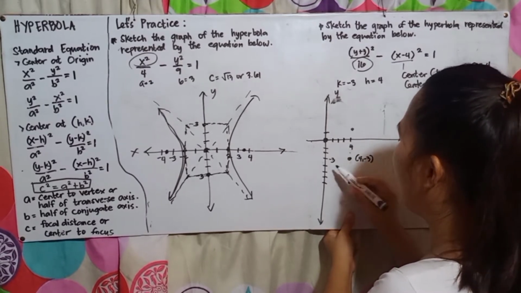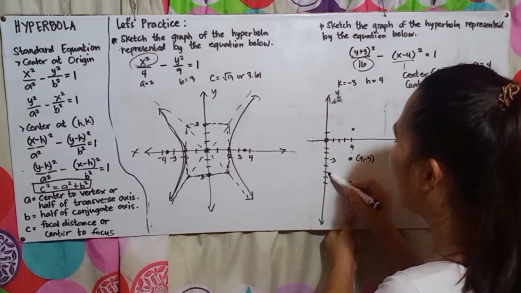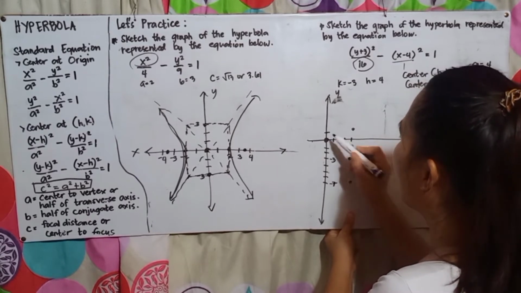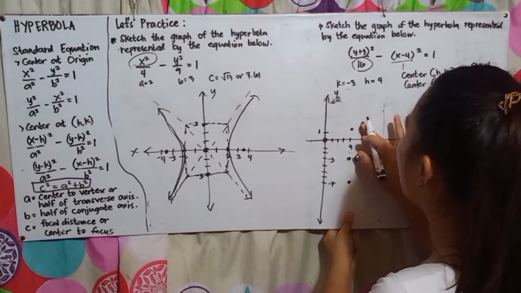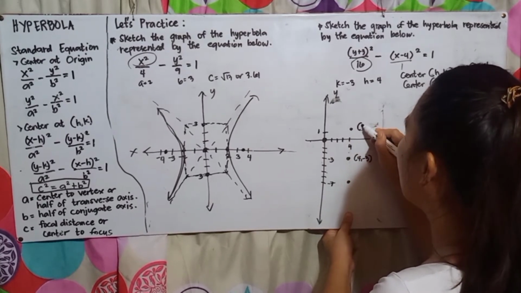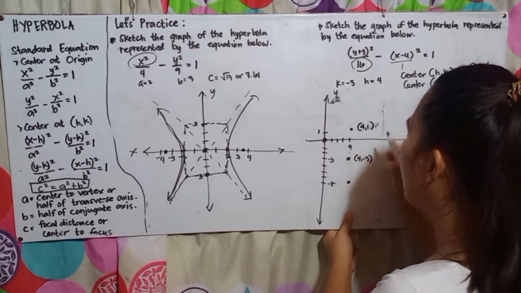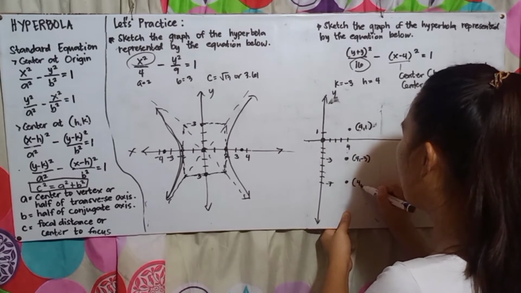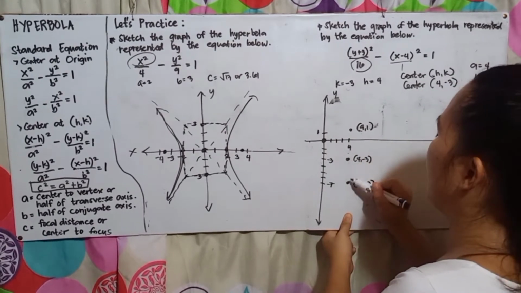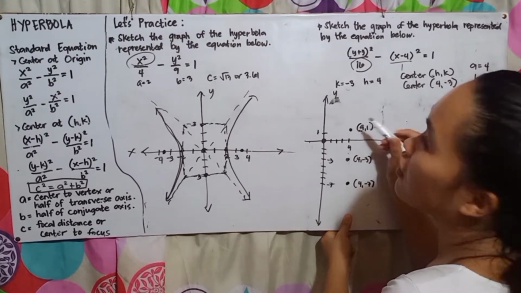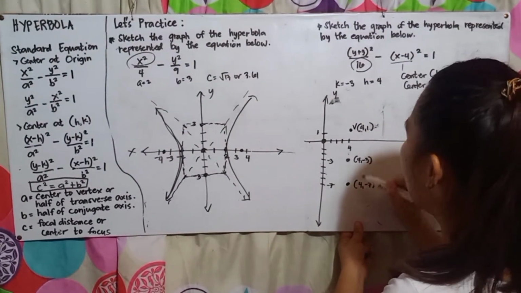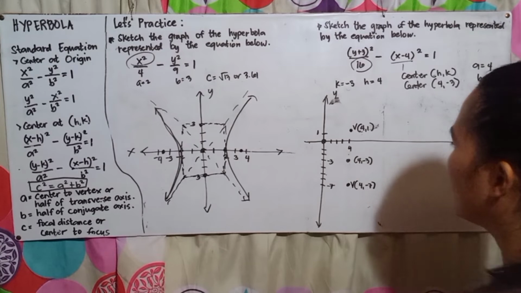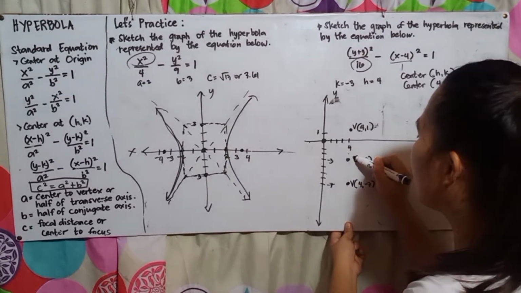So, the ordered pair is 4, 1. The other is 4, negative 7. So, this is now our vertex. So, vertex, ito ha, vertex. Yan. So, and this is our center.